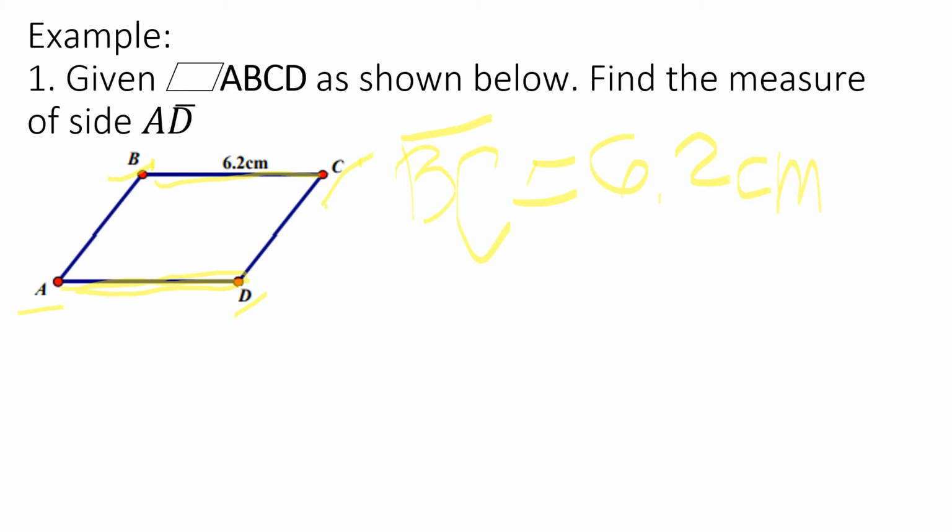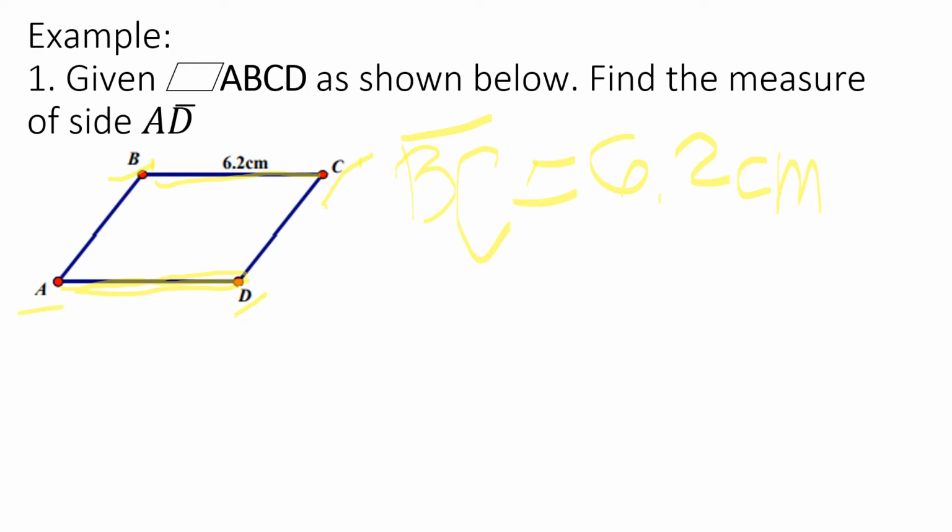Using property number 1 of a parallelogram, which says any two opposite sides of a parallelogram are congruent. Congruent means that the opposite sides measure the same.